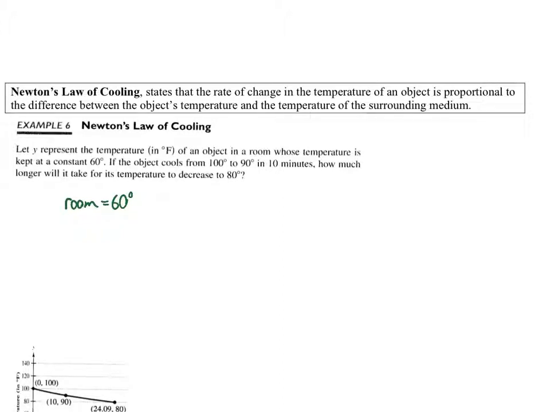It says that the rate of change in the temperature, so I'm going to use a capital T for temperature, the rate of change in temperature over time is proportional to the difference, so k times a difference here, the difference between the object's temperature and the temperature of the surrounding medium, or you could say the temperature of the room.